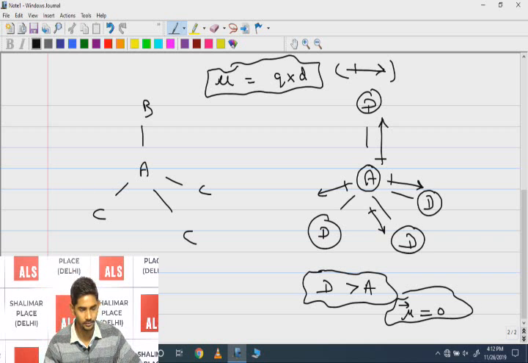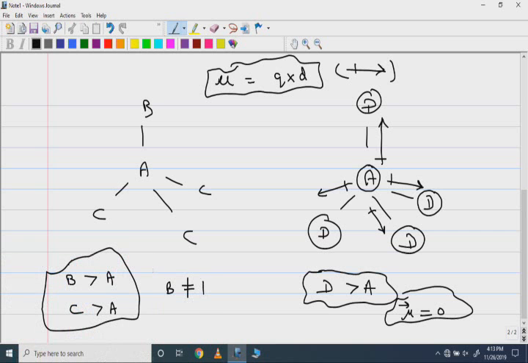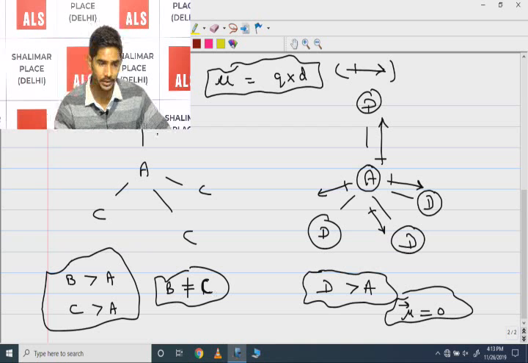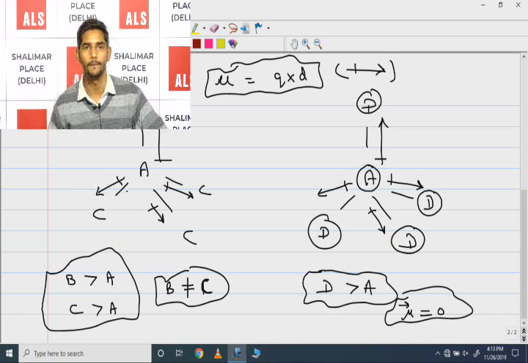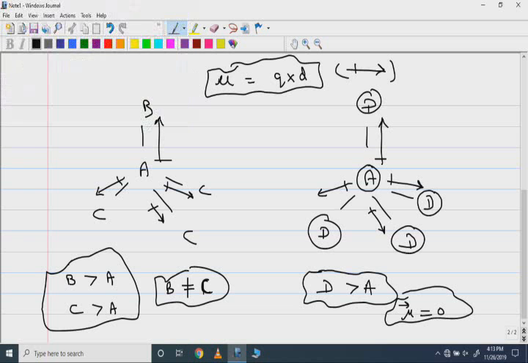Now, move on to example number 1. Here I am saying the electronegativity of B is greater than A as well as C is greater than A. Remember, the electronegativity of B is not equal to C. So, let's check the direction of the dipoles.